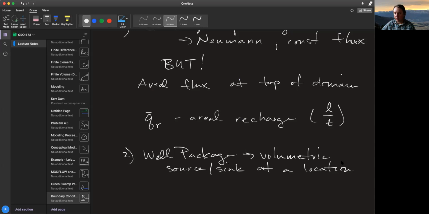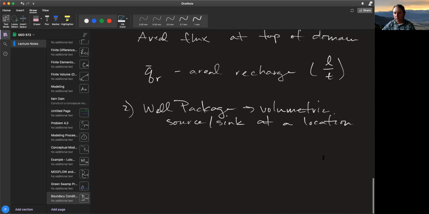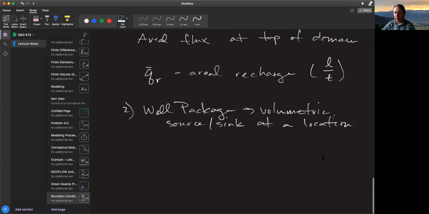Okay, so it's important. I can either inject or I can extract water. In general, we think of positive flux or positive injection as something going into the aquifer and negative as something coming out. So here we define Q sub P, and that is the volumetric source.